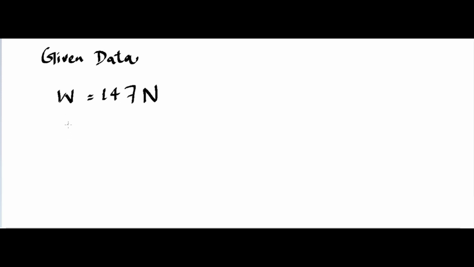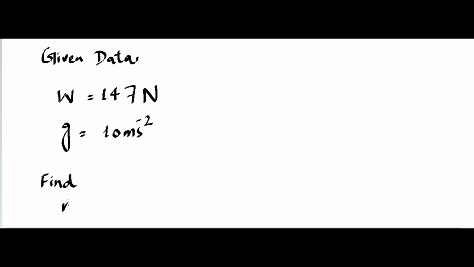and additionally the information was given to us that g, the gravitational acceleration, is equals to 10 meters per second square. If this information is not available to you, you will have to consider it 10 meter per second square. And what we have to find?